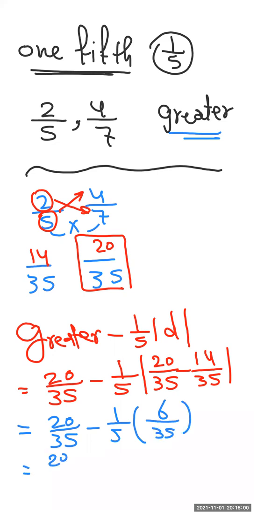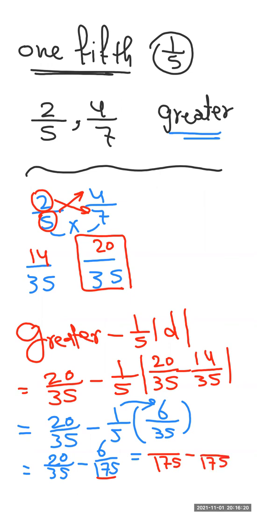So it will equal 20 over 35 minus 1 times 6 means 6 over 5 times 35, it's 175. Unify the denominators. Use the second one, 175. Divide 175 by 35, it will equal 5 times 20, 100, minus 175 divided by 175 means 1 times 6 equals 6.